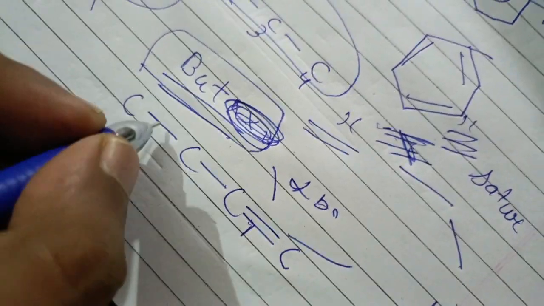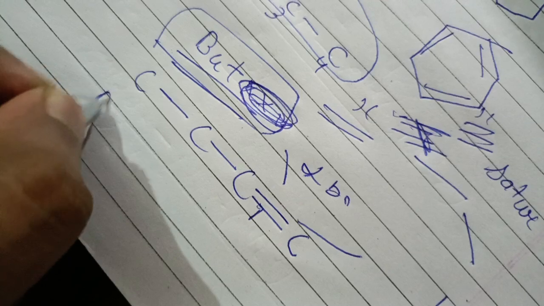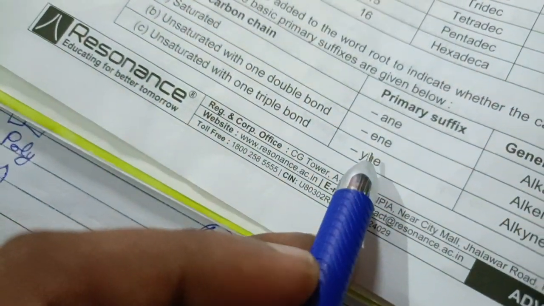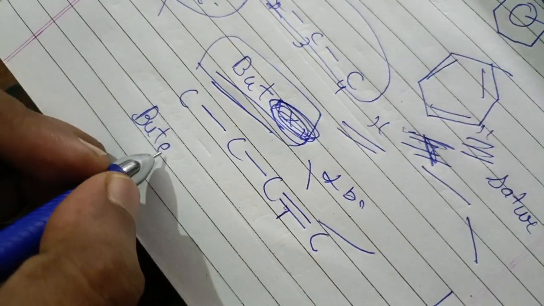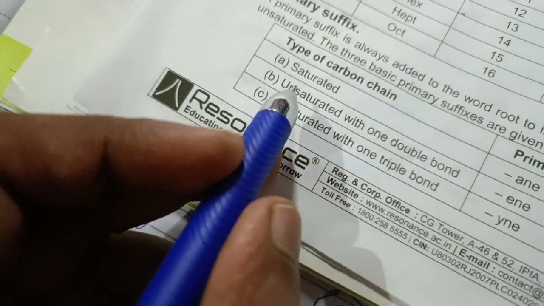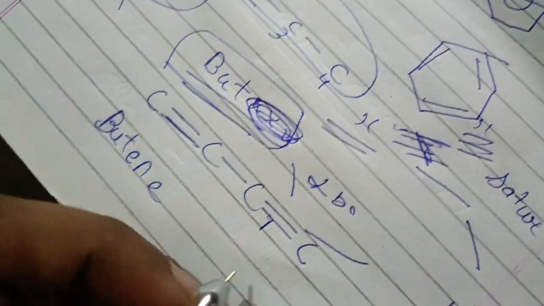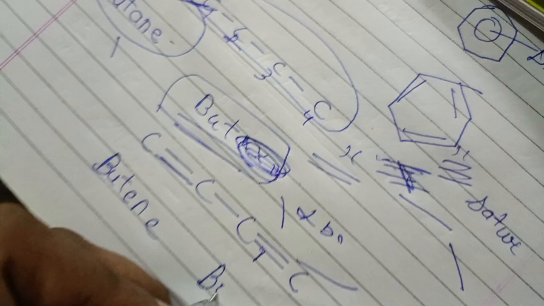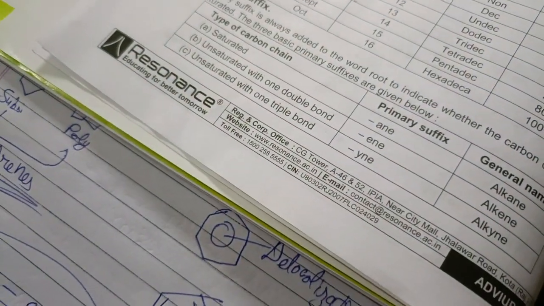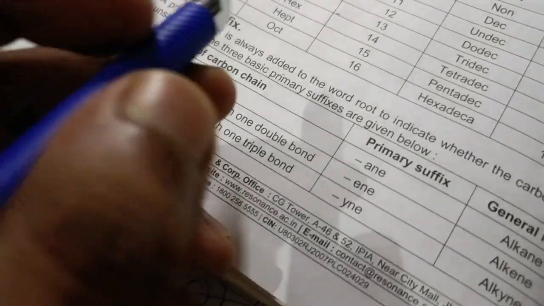So 1 2 3 4, it's but, and the suffix is "ene". So butene. That's in case there is only one double bond. If there are two double bonds, it would be named differently. I'm in a hurry because time is running out.